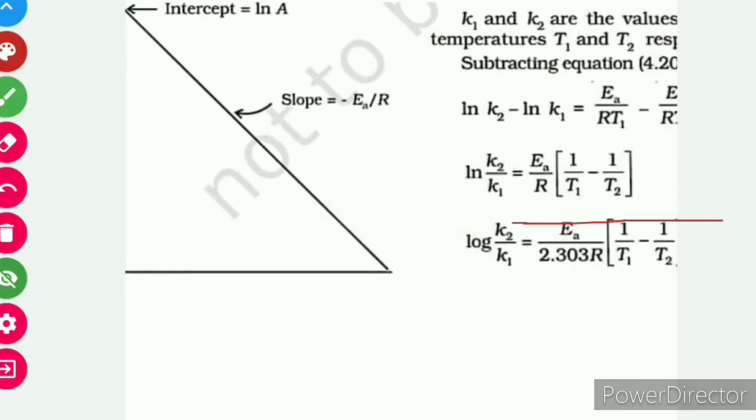Hence, ln K2 by K1 equal to EA by R into 1 by T1 minus 1 by T2. So, log K2 by K1 equal to EA by 2.303 R into 1 by T1 minus 1 by T2.